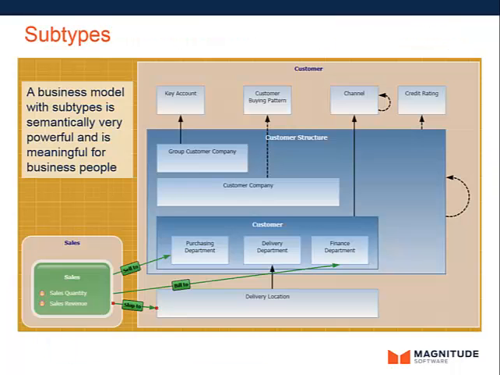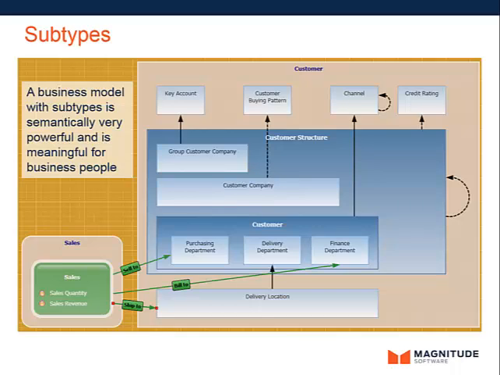If you have a variable depth hierarchy like I've just spoken about with the customer, then you may want to break down the information at different levels. So we might want to hold the top level as being the group company, the next level being the national company, and then the level at which we actually deal with. And we deal with several different departments, the purchasing department, the finance department, the delivery department, and our transactions refer to those quite separately.